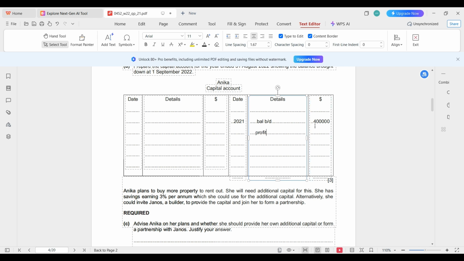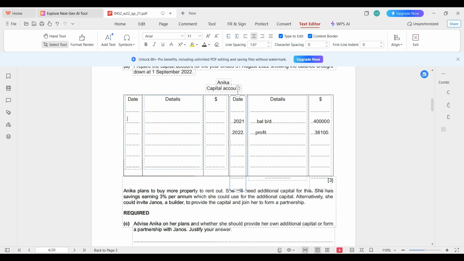It was 38,100. So it goes also on the credit side, because it increases your capital balance. So this is basically at the end of the year now, which was in 2022. So you have to put these dates specifically, to say 31 August 2022, profit for the year 38,100, isn't it? So I'm just doing this so that I can help you.